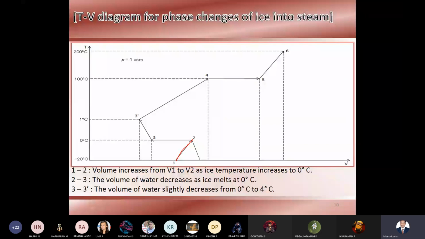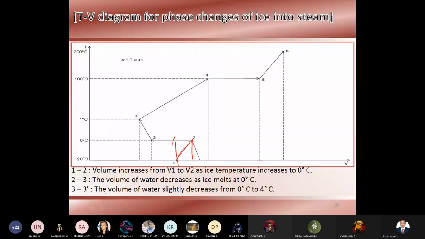That is, the temperature rises from minus 20 degrees Celsius to 0 degrees Celsius, but the volume of this process increases. Then the second process, solid state to liquid state, again the volume of the water in this region decreases.